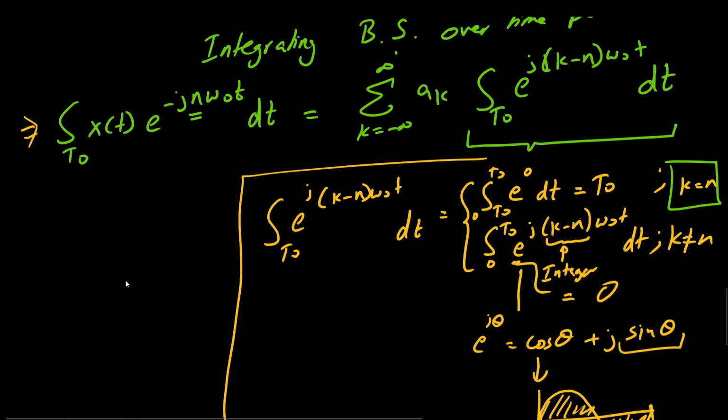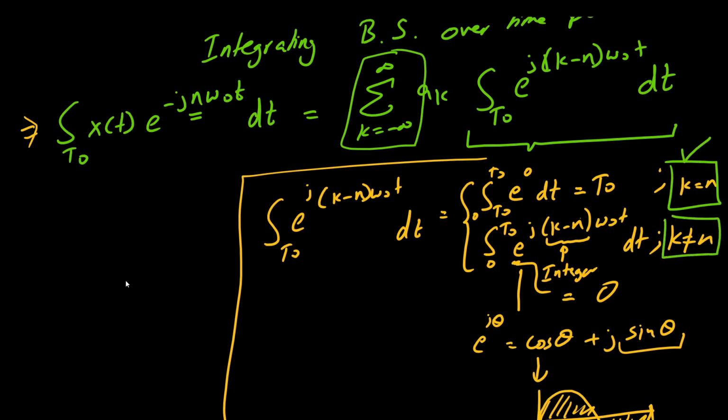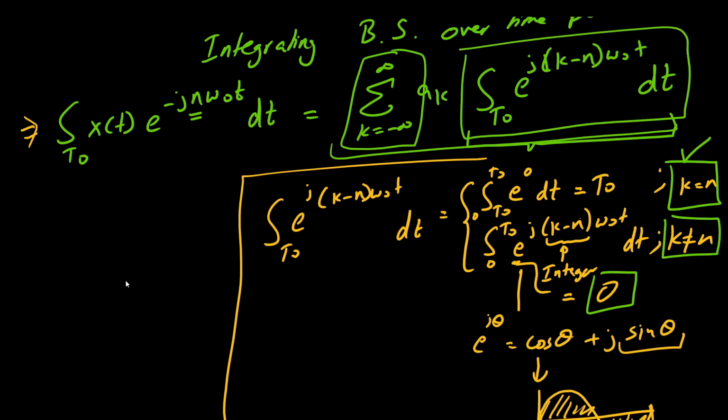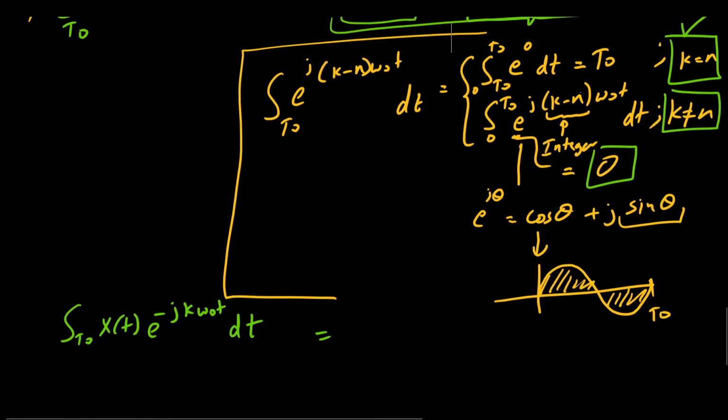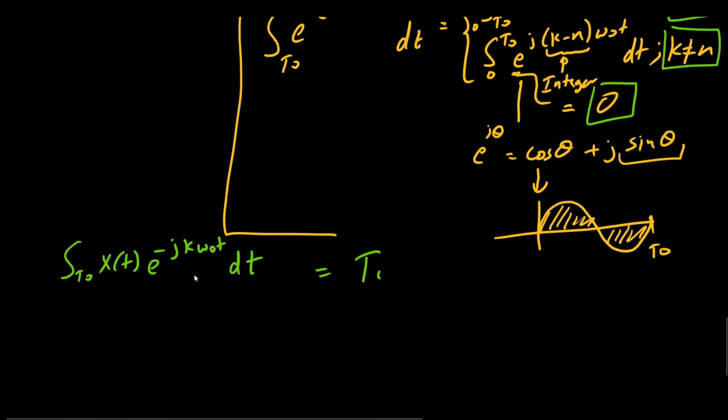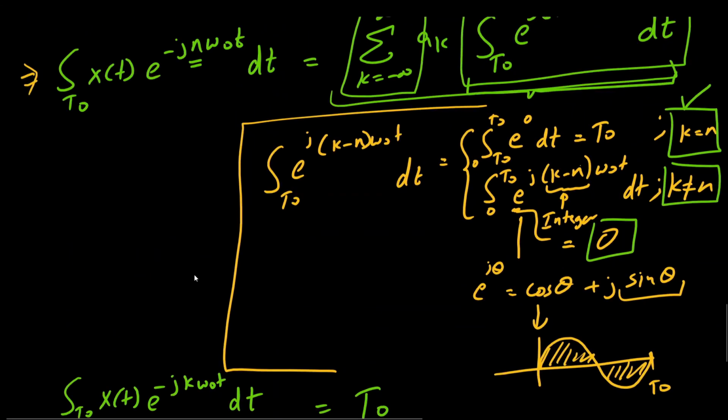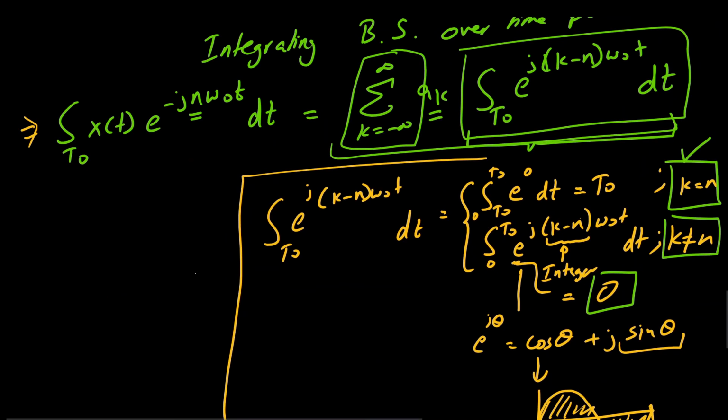Now this summation is yielding these two values, when k is equal to n and when k is not equal to n. So whenever k is not equal to n, all of this is 0. And when k is equal to n, then this is simply t naught, and it would be multiplied by a k.